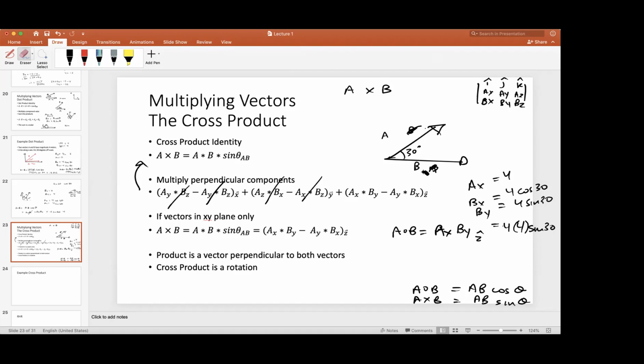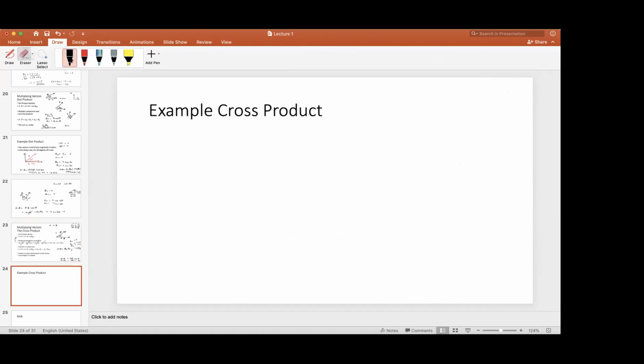There's one thing that you can do, because the sign's always going to be an issue. The second thing you can do is something called the right-hand rule, which we're going to get into. But basically what's happening here is we have a vector A and a vector B, and we're rotating A to B in a counterclockwise direction in this case.